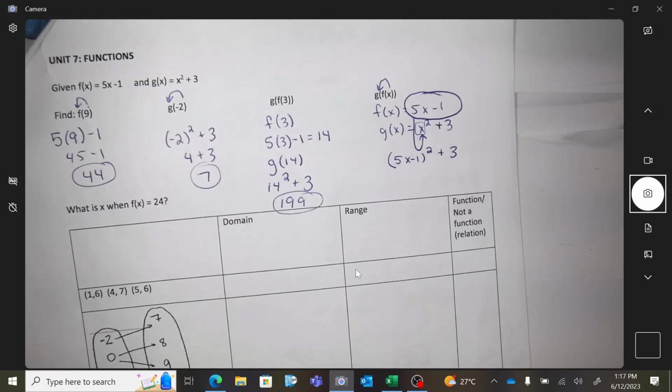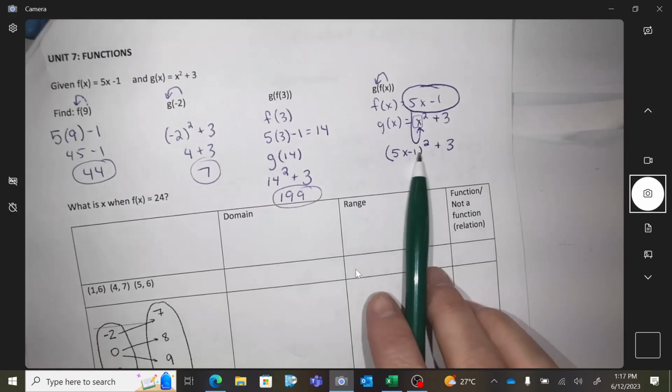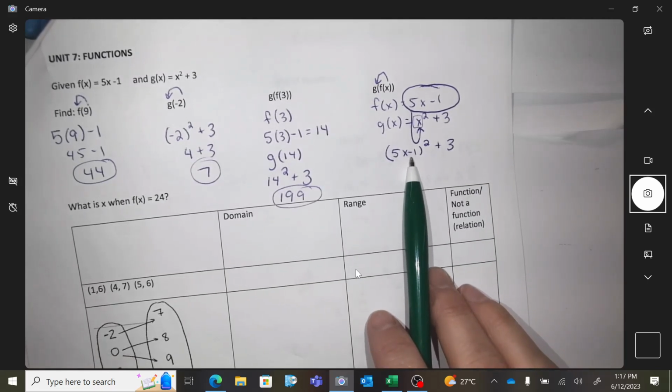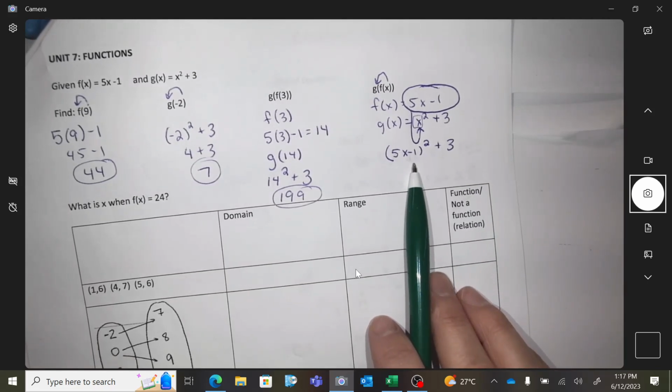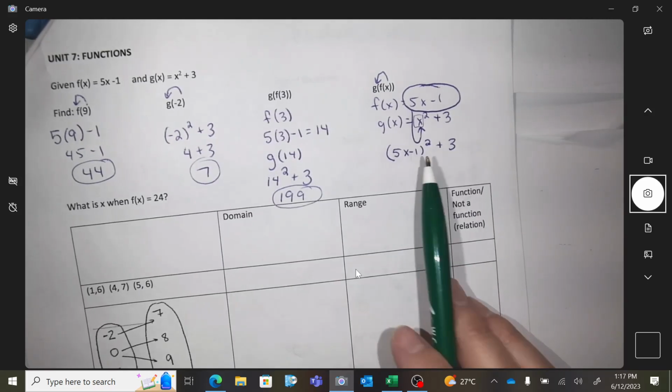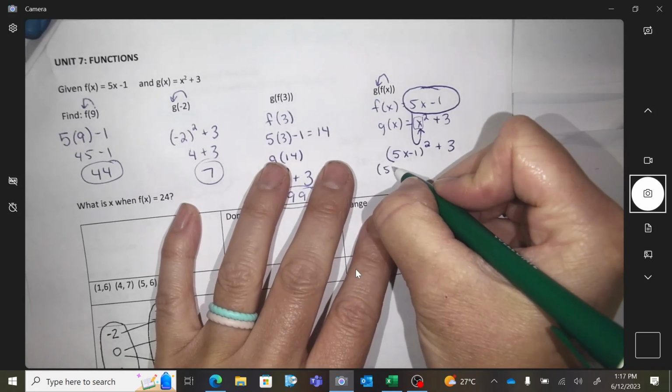Okay, your instructions will probably say simplify. So what do you do when you hear the word simplify? Multiply this out. How do you multiply a binomial squared? Make them twice?